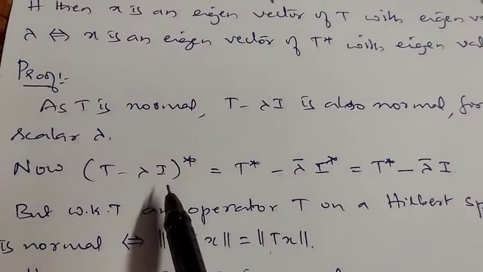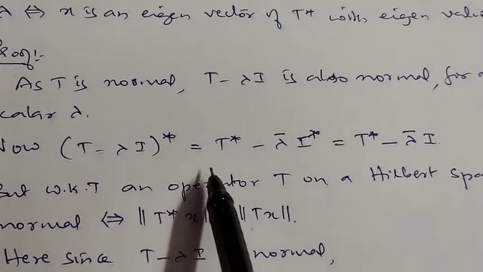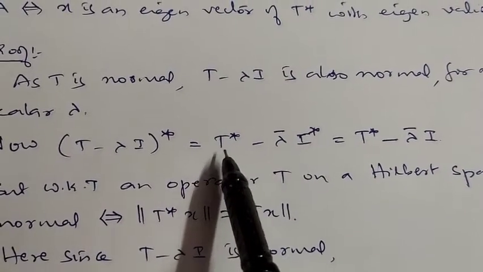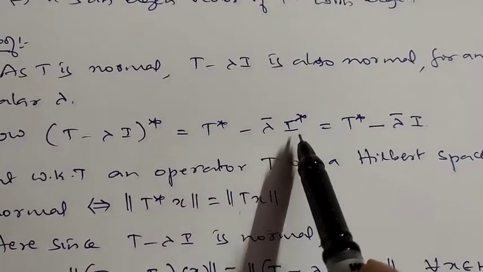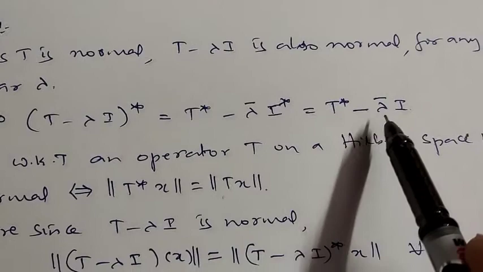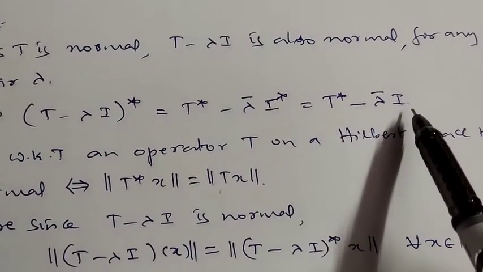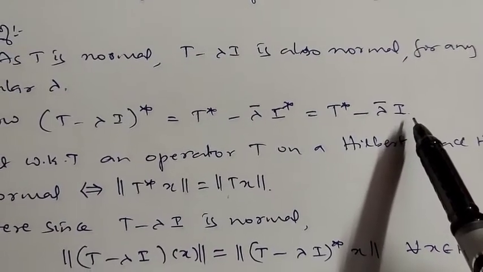Now consider T minus lambda I whole star. This can be written as T star minus lambda bar into I star, so this is equal to T star minus lambda bar into I, because the adjoint of I is I itself.